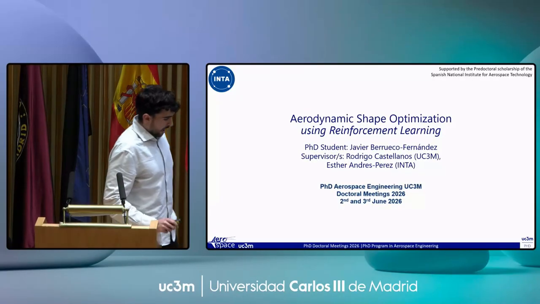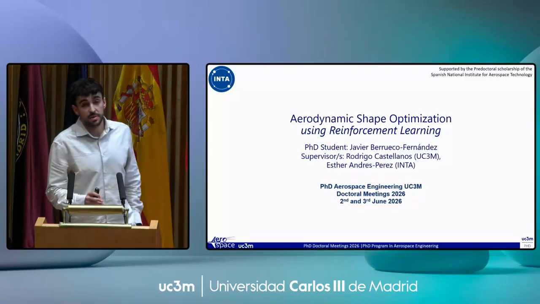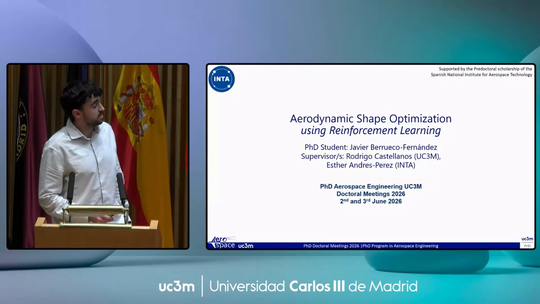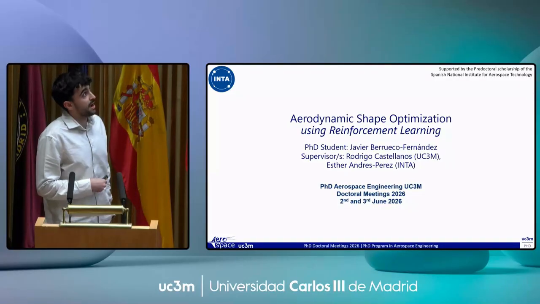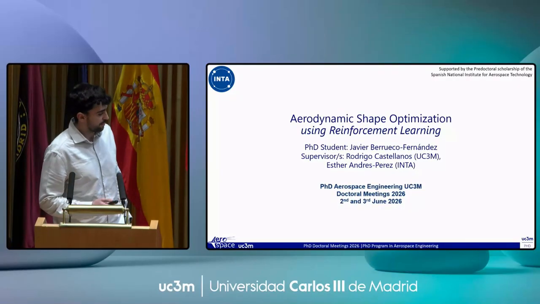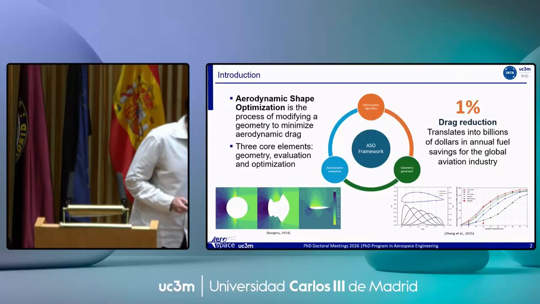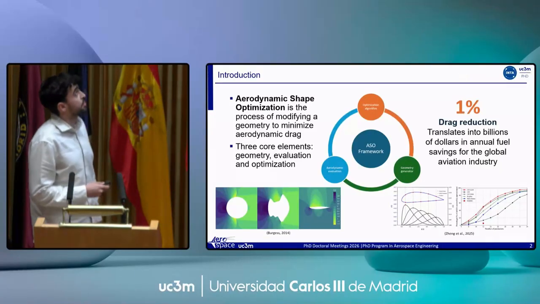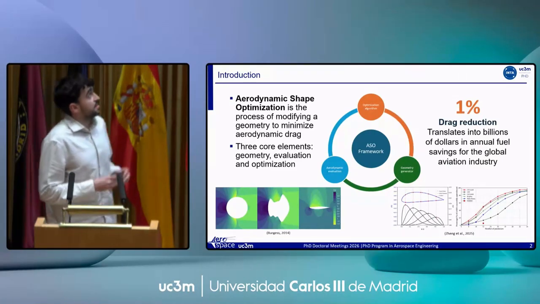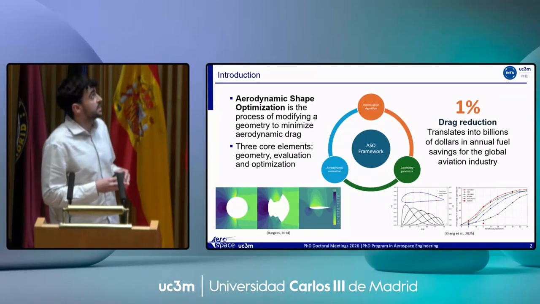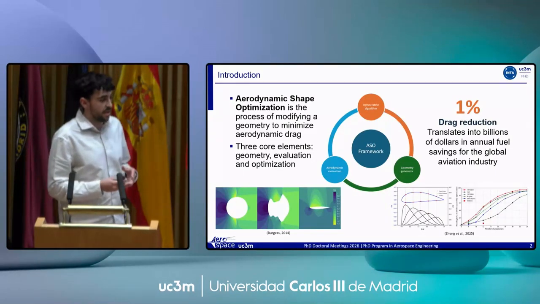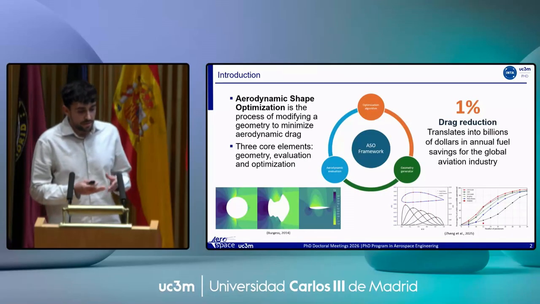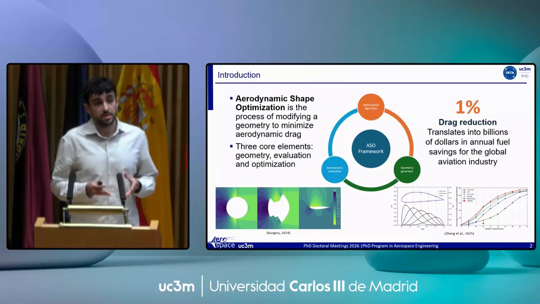I will talk about the two core elements of my thesis, which are ASO and RL, the roadmap, and the progress I've made so far. So let's start by defining aerodynamic shape optimization, which at its core is the process of modifying a geometry to minimize its aerodynamic drag.